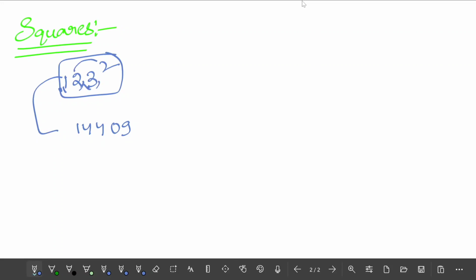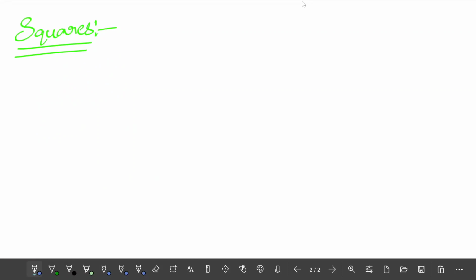Right. Now 12 twos are 24, 24 threes are 72. And leaving the last place vacant, write down 72 here. That's all. So 15129. Check the answer in the calculator. You will get the same answer. Clear? Only one method for all operations, squaring any number. Clear? My dear students.